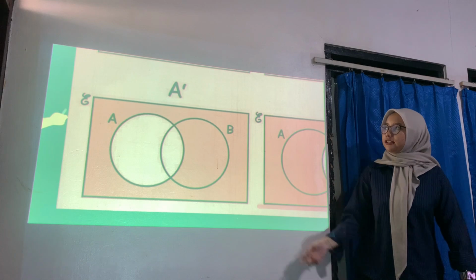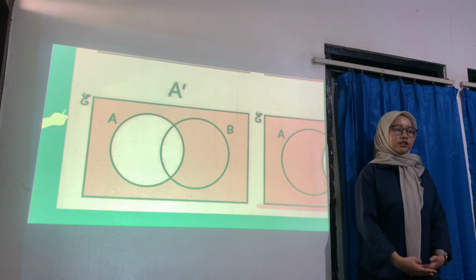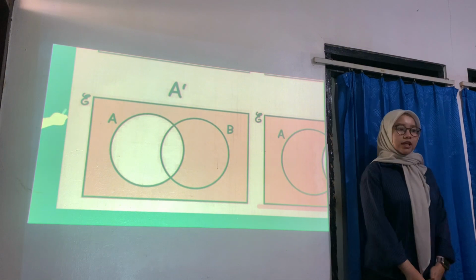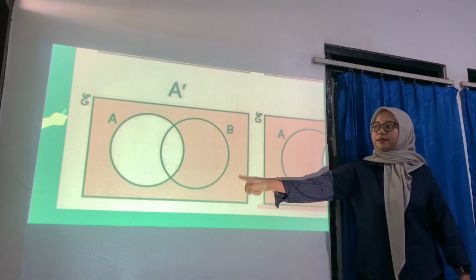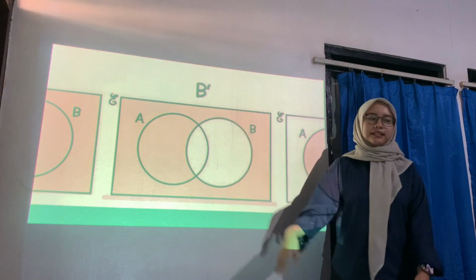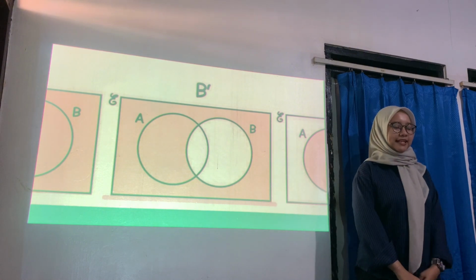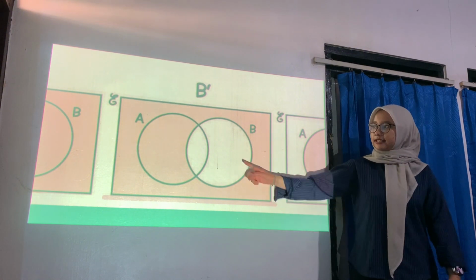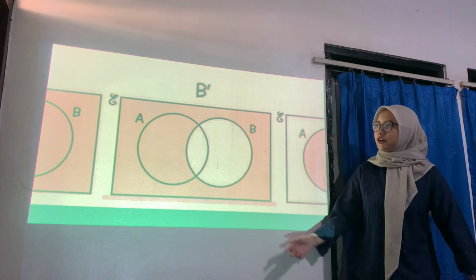Now, look at the fourth picture. This is the complement of A. That is all outcomes that are not included in event A. So, if A is liking mathematics, A complement is students who don't like mathematics. Next picture. This is the complement of B. This is everything that is not included in event B. If B is liking science, then the complement of B is someone who doesn't like science.